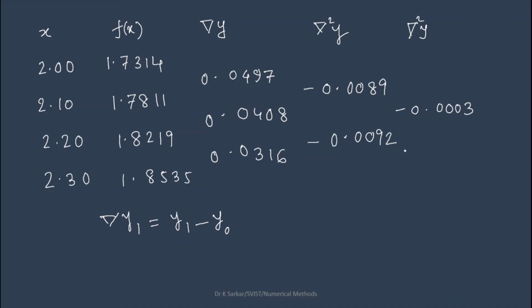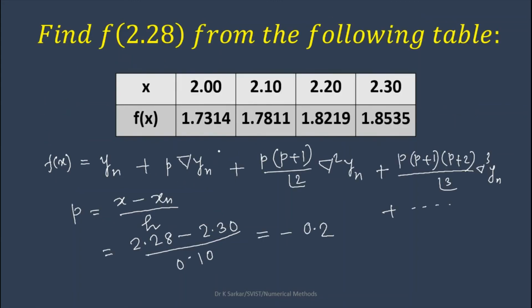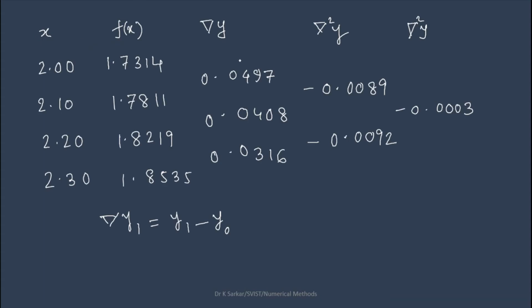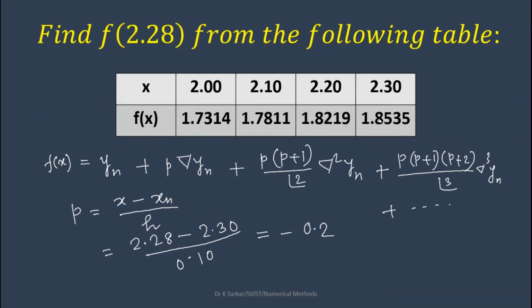Now let us put the values of yn, del yn, del 2 yn, del 3 yn and p in the formula of Newton's backward difference interpolation. So f at 2.28 is yn, the last value of y, which is 1.8535.